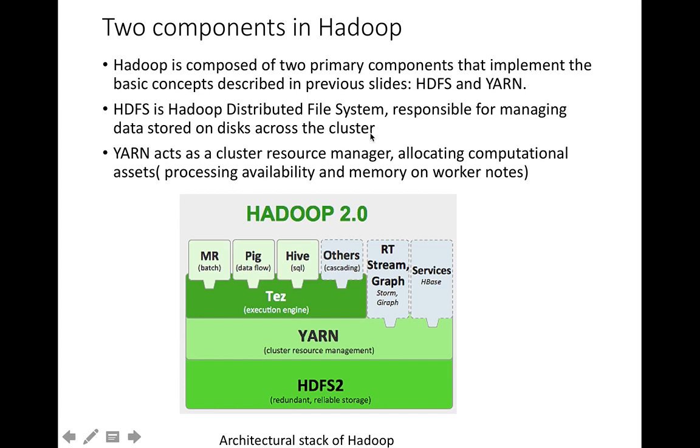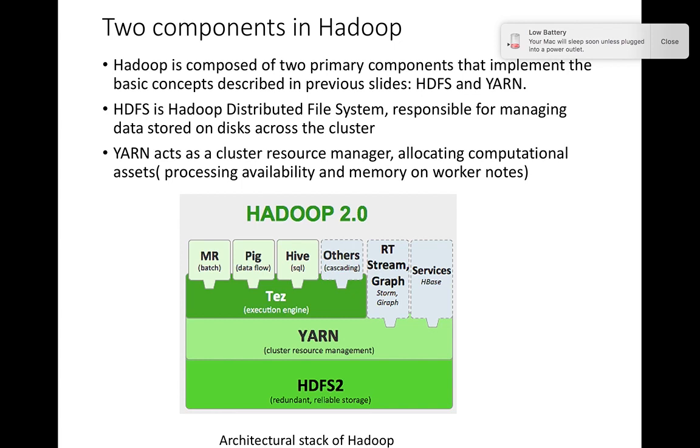That's similar to a database, but it also has a management system. This management system is not just saved on one machine. It's across the cluster. That's how HDFS manages the data.